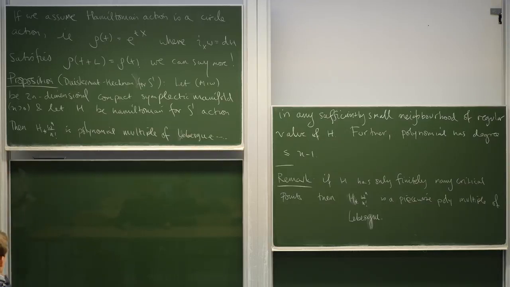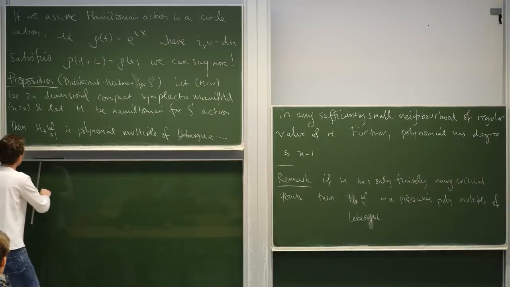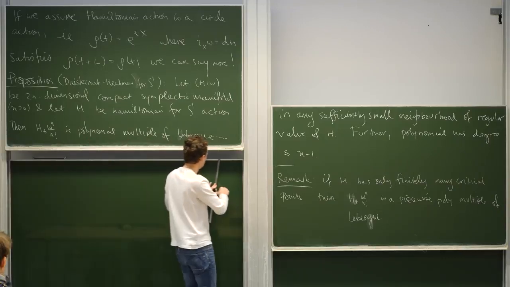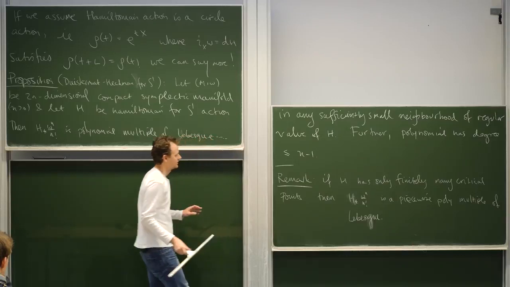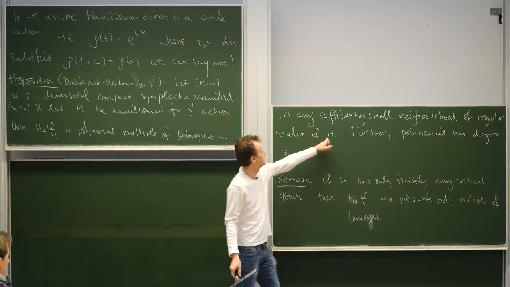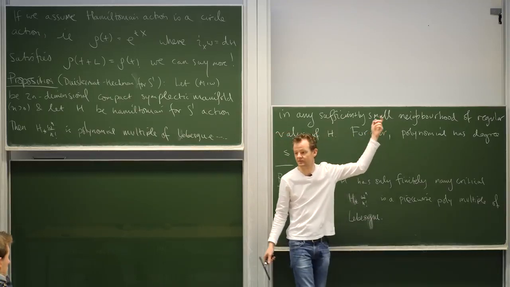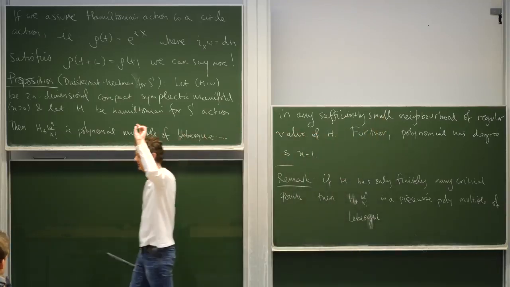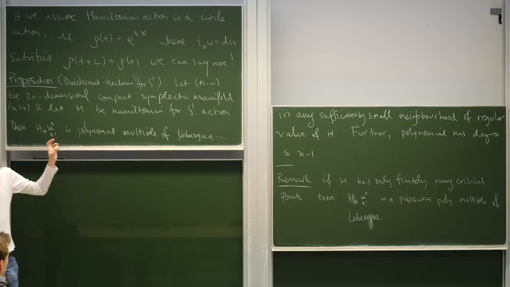The proof's a couple of pages long, but the elements of the proof are to look at the pre-image of a regular point inside M, and then look at a little neighborhood around that and regard that as a circle bundle.